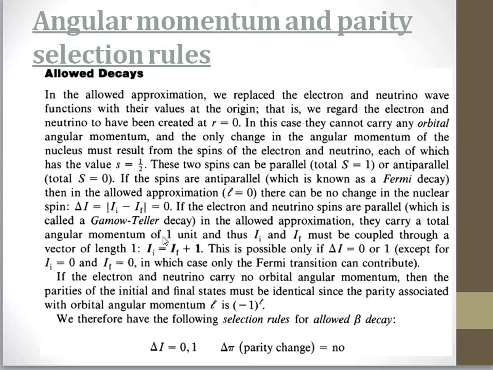anti-parallel. So when S is equal to 1, if the electron and antineutrino have the same spin, we call that type of decay Gamow-Teller decay. When L is equal to 0 and S is equal to 1, we call that decay allowed Gamow-Teller. When L is equal to 0 and S is equal to 0, we call that type of decay allowed Fermi decay.